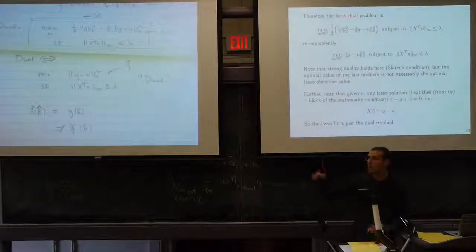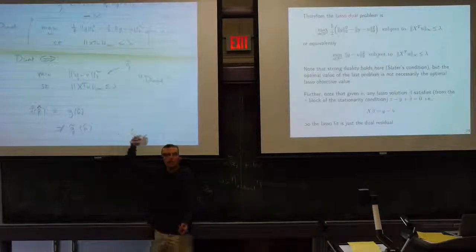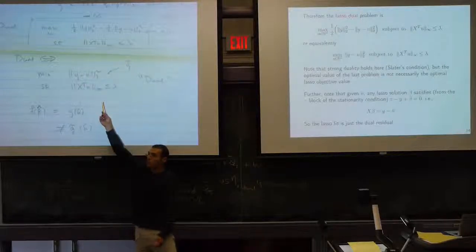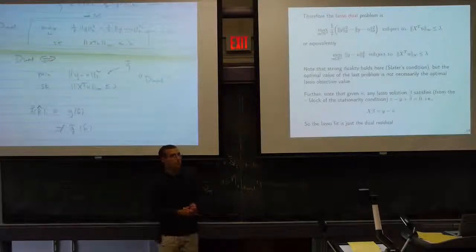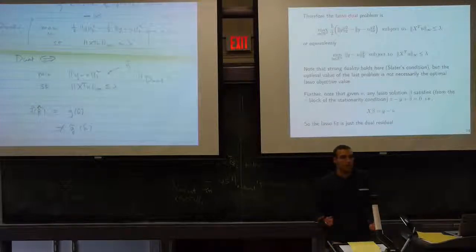I dropped the constant and changed the sign. So even though I might want to solve this problem in practice, because the constant doesn't matter and I like to think about minimization problems, if I ever check the duality gap and plug in this for g of u hat, it's going to be wrong. It'll be wrong algorithmically. I won't even see that at the solution they're the same. They'll have the wrong sign in this case.